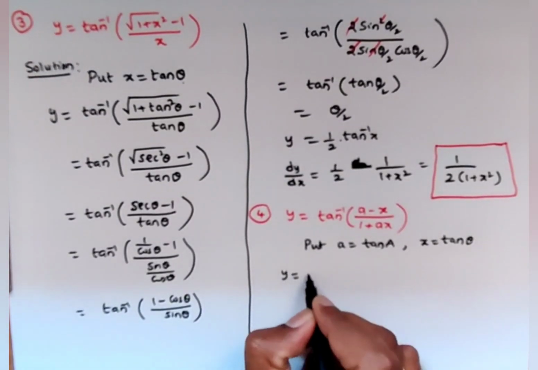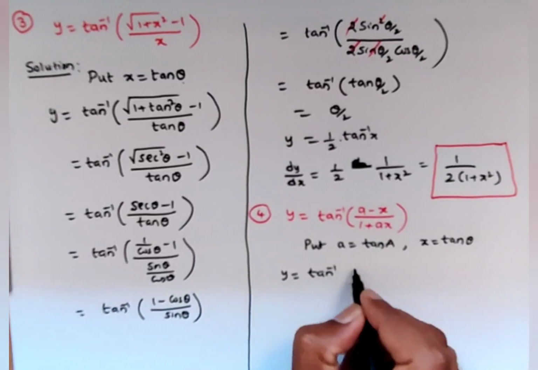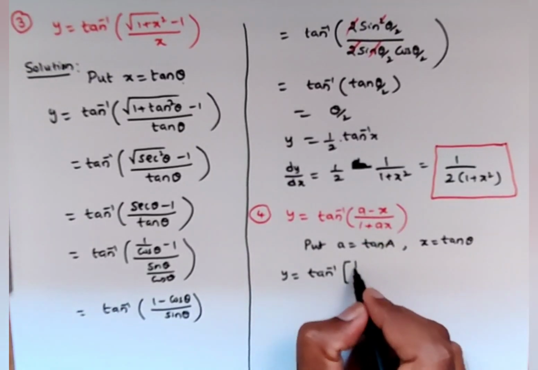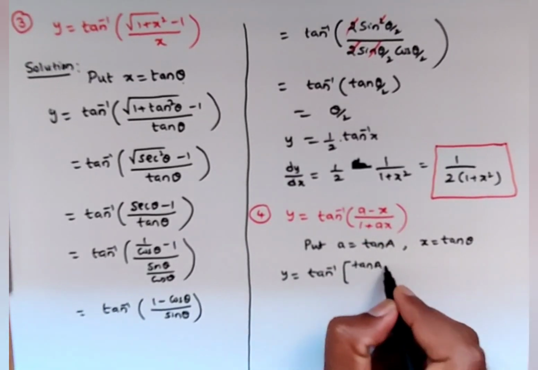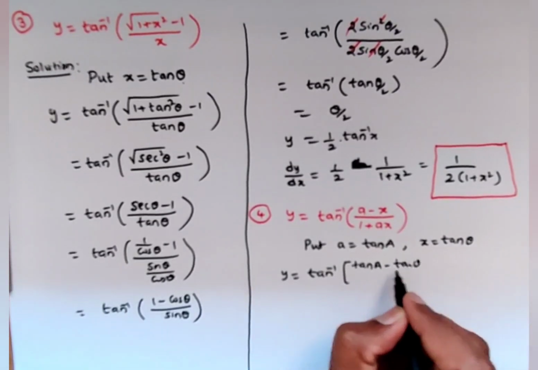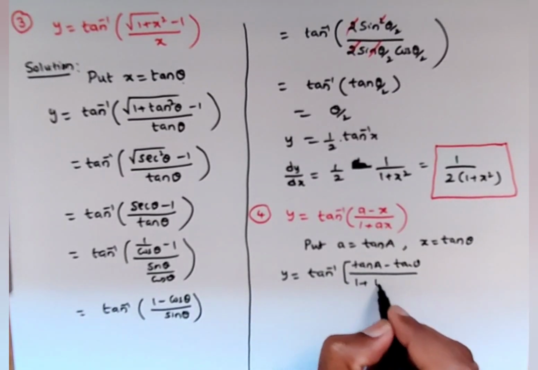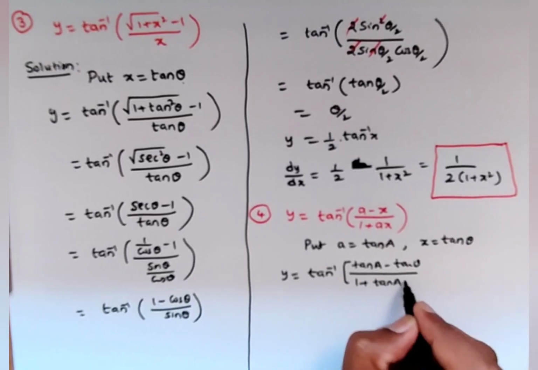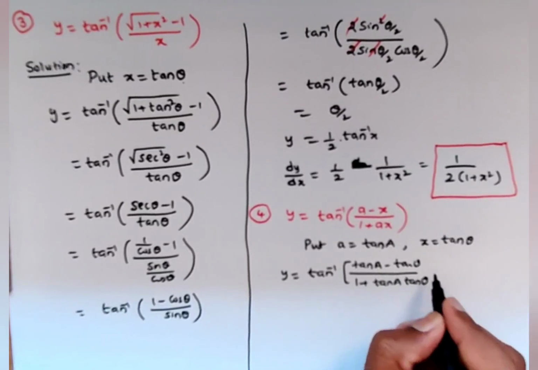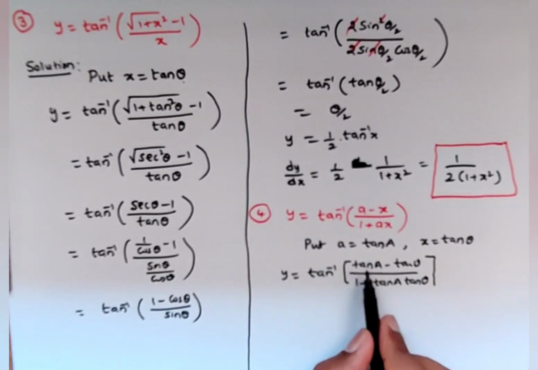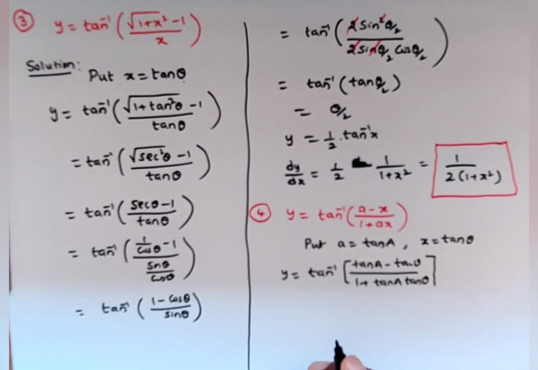Now y equals tan inverse of tan a minus tan theta divided by 1 plus tan a into tan theta, right? Now how does it look to us? This is the form of tan a minus tan b by 1 plus tan a into tan b.